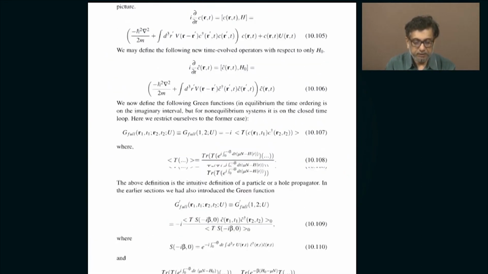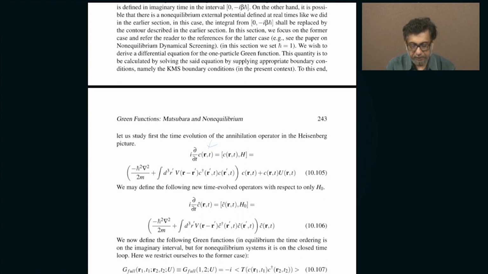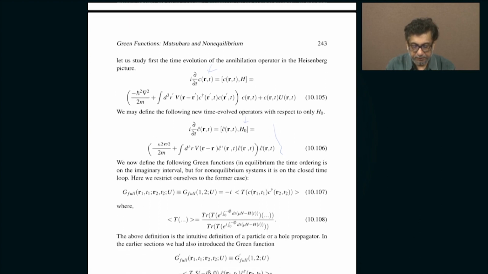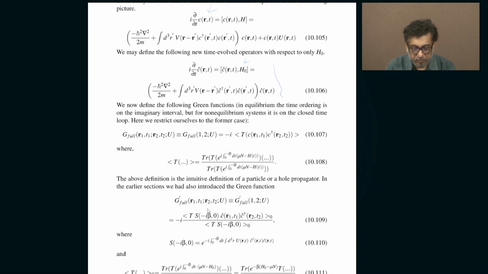interaction potential energy. Now I can go ahead and ask myself, what is the equation of motion obeyed by the time dependent annihilation operator. Clearly it's going to be this. Whereas the part that evolves only according to the time independent part of the Hamiltonian will clearly obey this equation. The implication is that these two are related through this sort of S matrix.